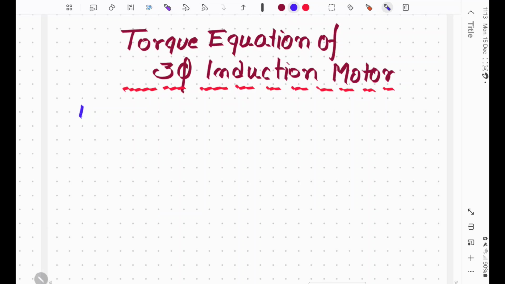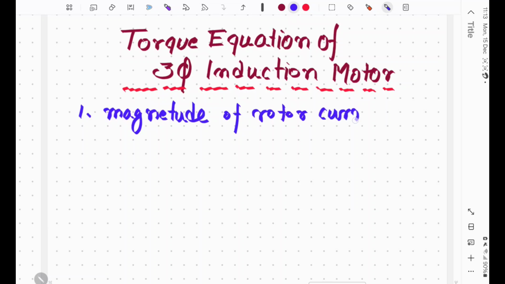Firstly, the magnitude of the rotor current.